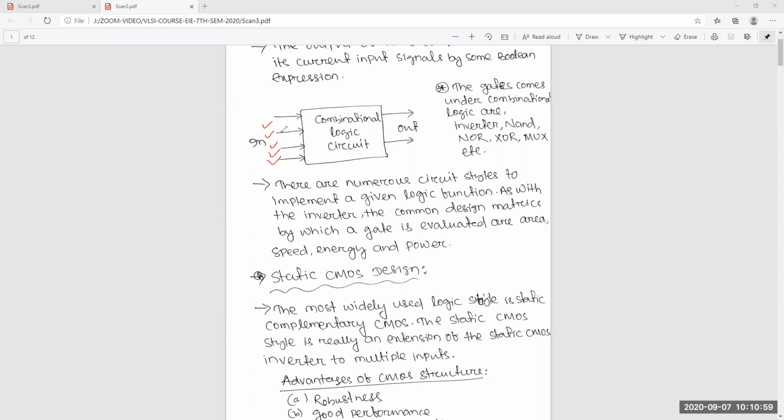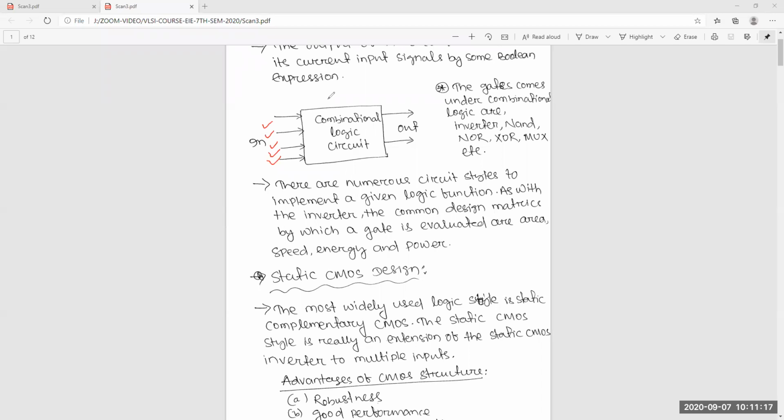It may be a single inverter or multiple inputs. Suppose it's an inverter, you will give a single input. But if it's not an inverter, like an AND gate, NOR gate or MUX, you can give multiple inputs. Depending on the circuit configuration, you have to give the inputs.